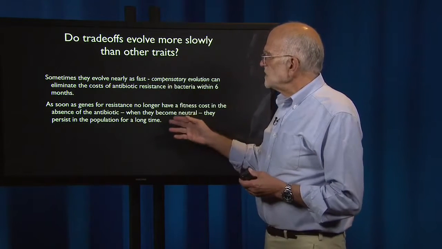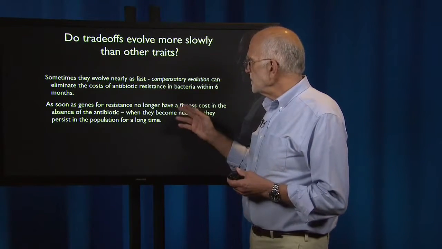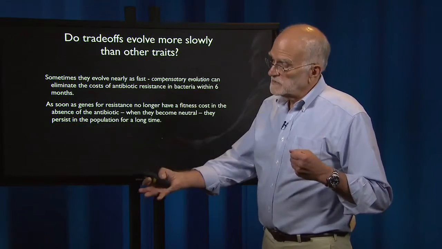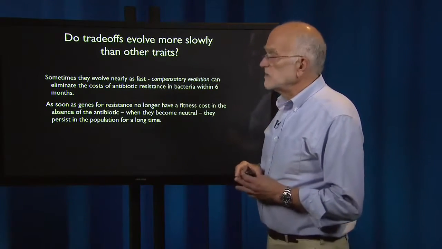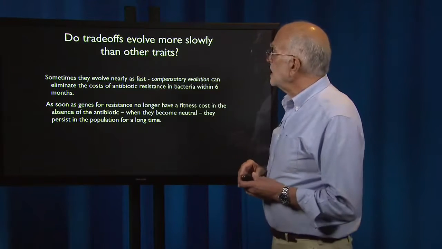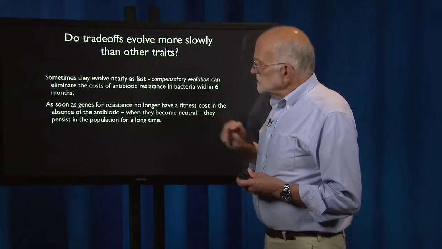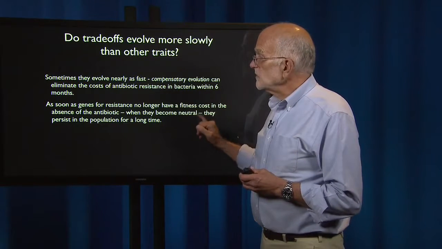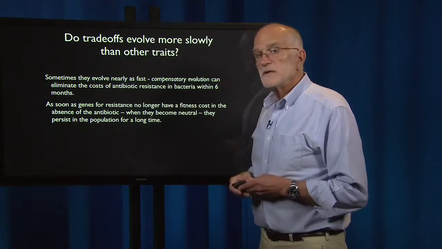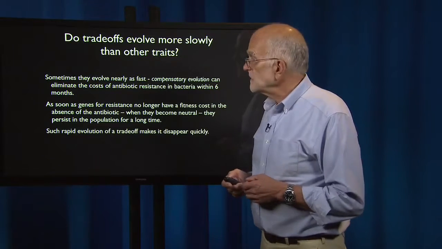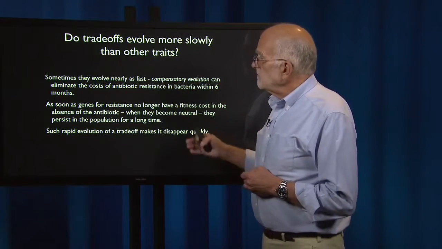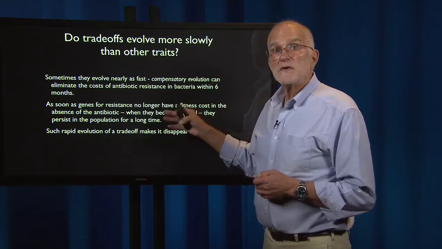Now, what's the importance of that? Well, as soon as genes for resistance no longer have a fitness cost in the absence of the antibiotic, so you pull out the antibiotic, there are the bacteria, they've evolved resistance, but it no longer costs them anything, the resistance genes have become neutral. And what that means is that they're much, much slower to disappear. They persist in the population for a long time. Now, this rapid evolution of a trade-off makes the trade-off disappear fairly quickly.